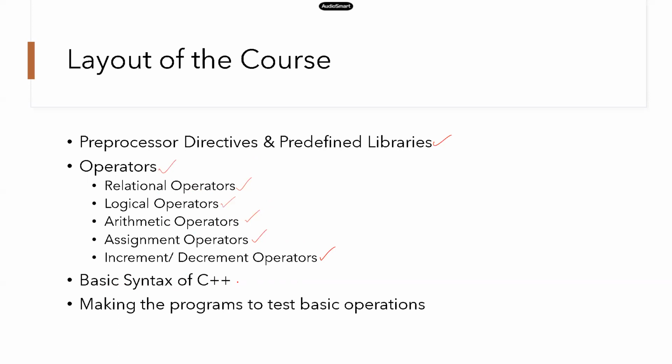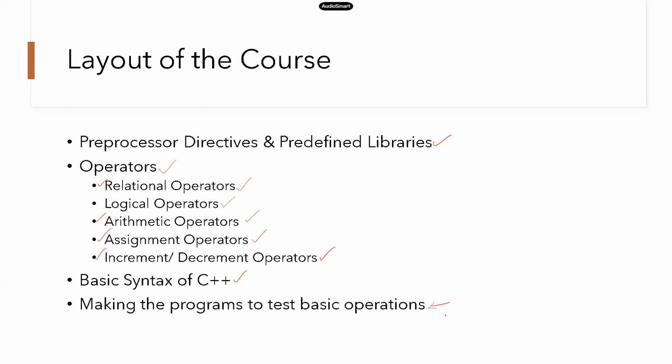What are the different rules and regulations of writing C++ code, because it is a case sensitive language, how it is written. So this would be covered in the basic syntax of C++, whereas we will be developing some very basic programs over here, which would involve the relational operator, arithmetic operator, assignment operator, and increment and decrement concepts.